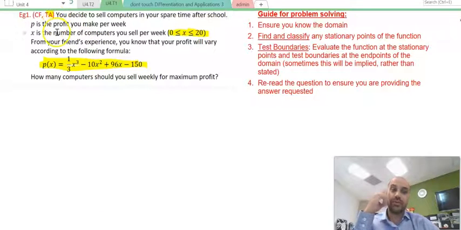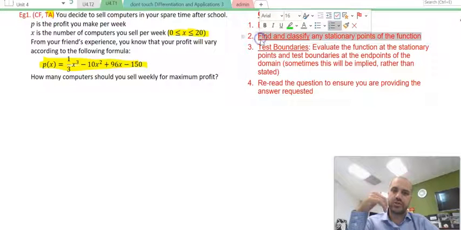If this was a tech free question, you've got lots of work to do. You need to find and classify the stationary points. So find the first derivative, let the derivative equal 0, and figure out whether they're maximums or minimums, possibly by doing the second derivative test.